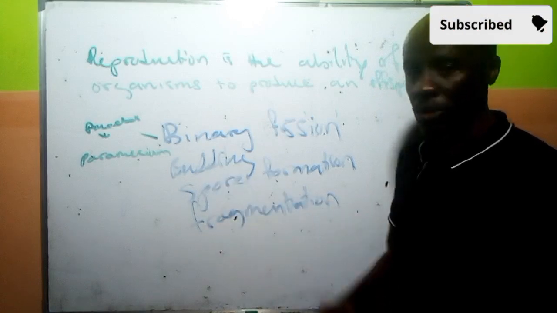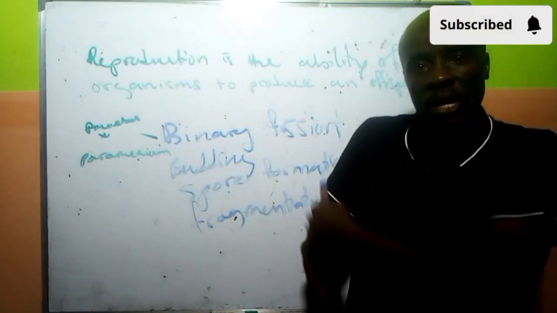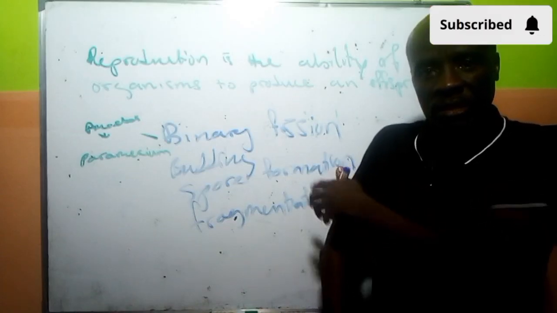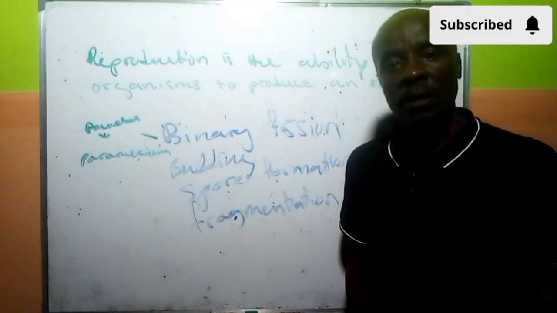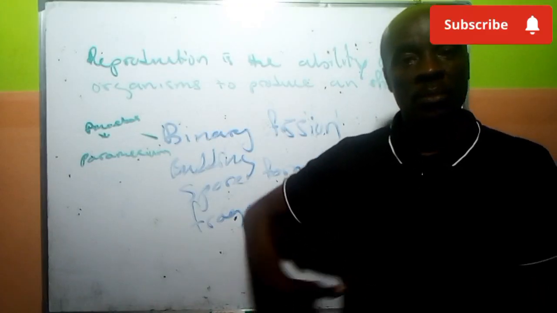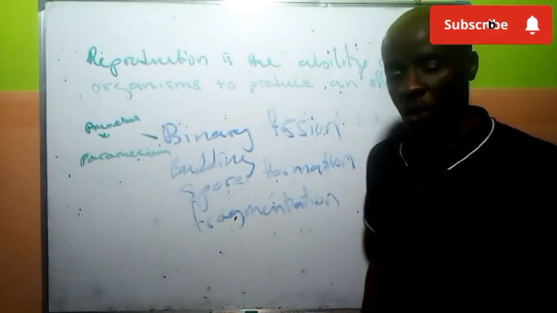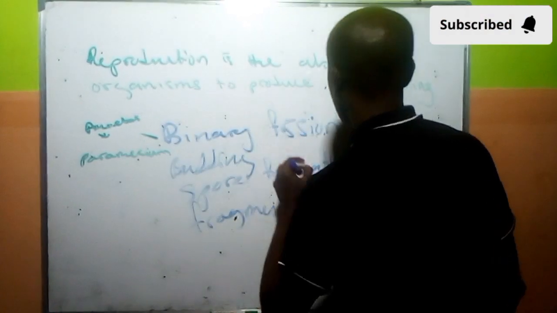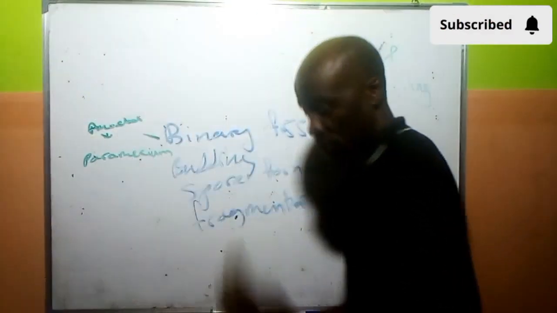In budding, the organism can develop a kind of protrusion around its body. From there, it develops and breaks up from the parent organism, forming another offspring. For example, just like what we have in Hydra. Let me give you a drawing of that.